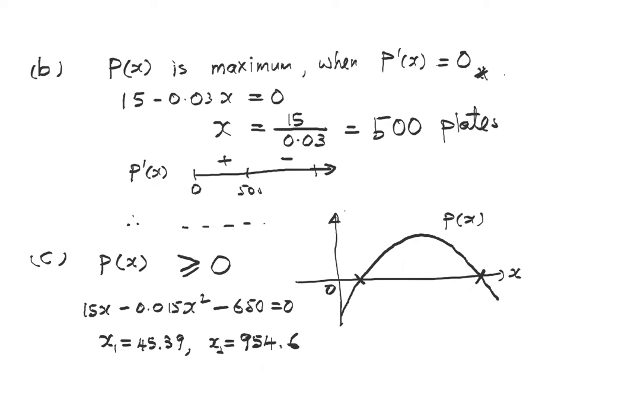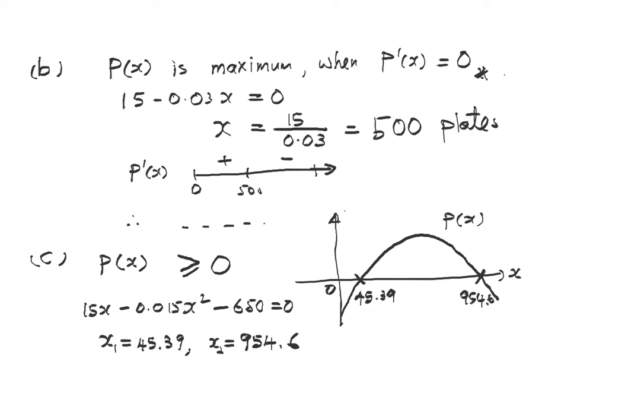Okay, so look at the number of plates. You cannot put decimals, correct? So look, here is 45.39. Here is 954.6. Okay, so now you have to make a decision whether to round up or round down.